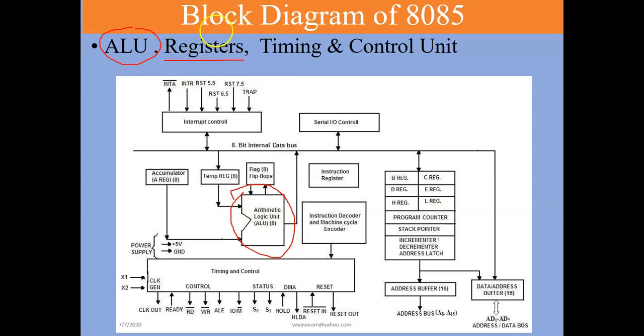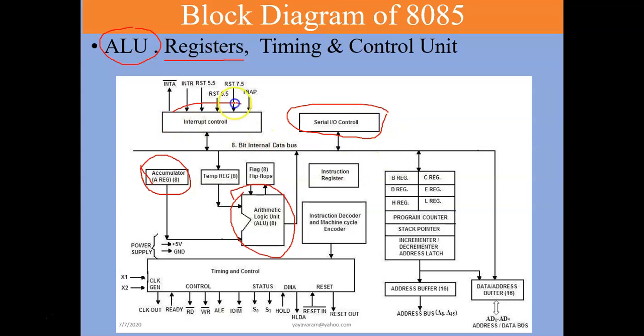There are so many such registers. Here you can see the registers: B register, C register, D, E, H, L, program counter, 16-bit stack pointer, increment, decrement. Another most important thing is your accumulator. We'll consider these things one by one. Just now I have told you I have a serial I/O controller which will help to send the data either in or out from the microprocessor.